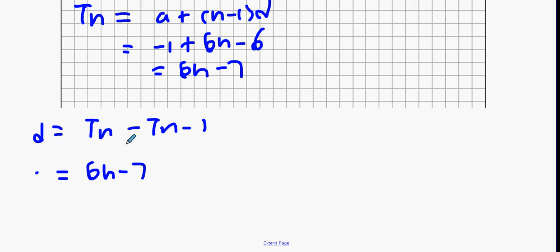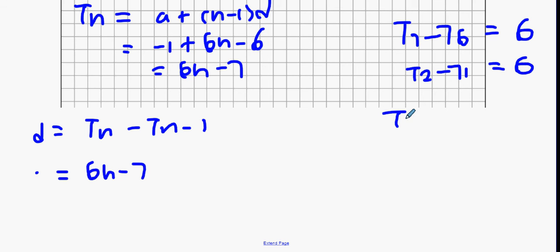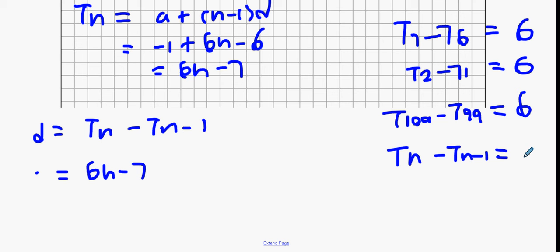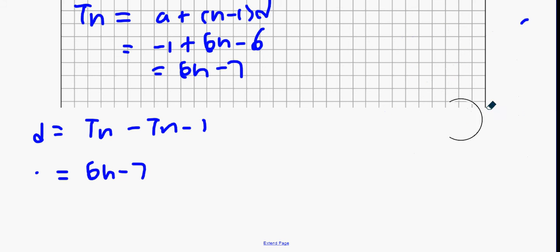The whole deal with Tn minus Tn minus 1 is basically T7 minus T6, which is a gap of 6. T2 minus T1 is also a gap of 6, and T100 minus T99 is also a gap of 6. For any term and the term directly below it, the answer should always be 6. We're going to show that the difference is independent of n. So here's what we're going to do.